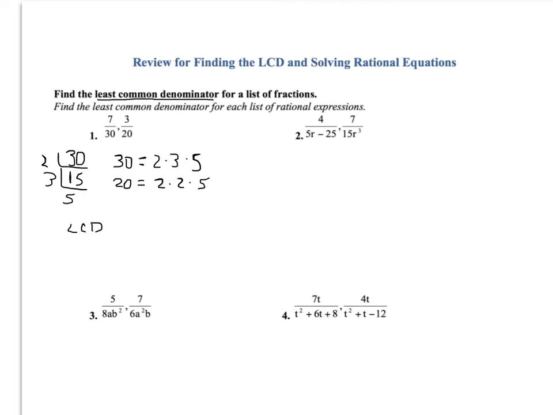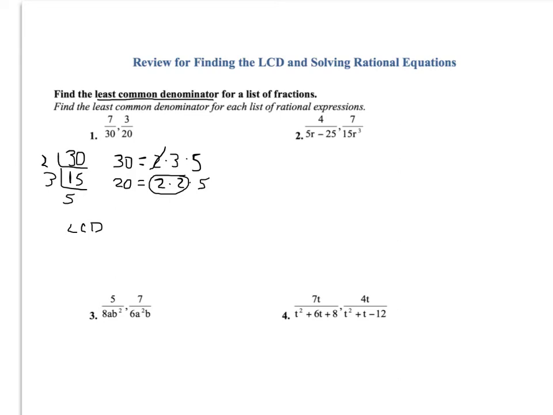And what I do is determine where it occurs the most. I have two 2's in the factorization of 20 compared to only one 2 in the factorization of 30. So I'm going to keep the two 2's in the factorization of 20, and I will get rid of the one that's in the list for 30, as if I keep two 2's, I've already got this one covered.